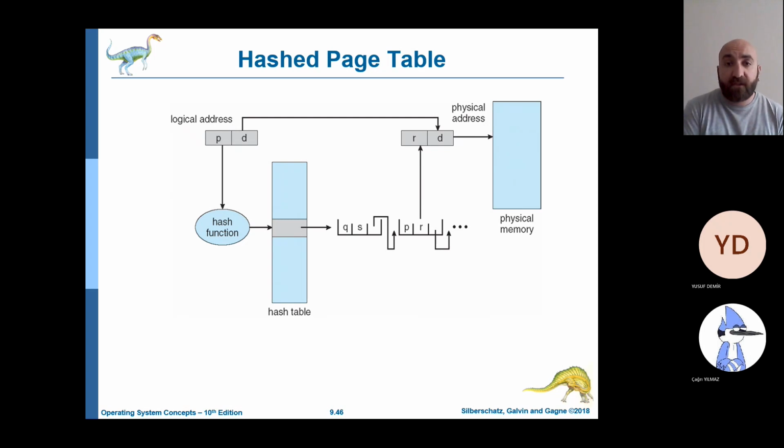If there is a match, the corresponding page frame, field 2, is used to form the desired physical address. If there is no match, the subsequent entries in the linked list are searched for a matching virtual page number. So this is how we can create hashed page tables instead of creating a hierarchy between inner and outer page tables.